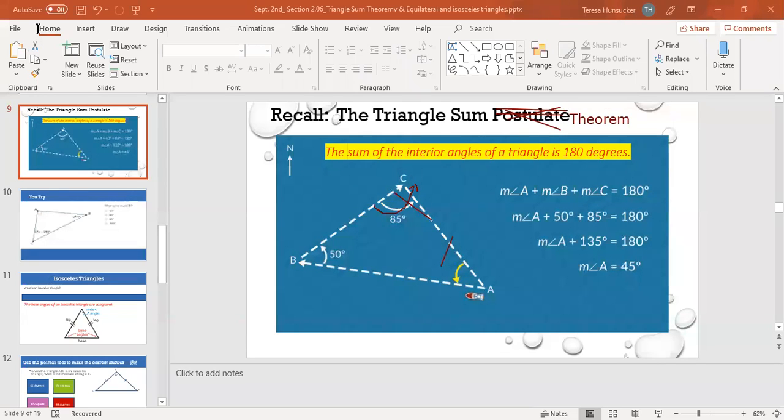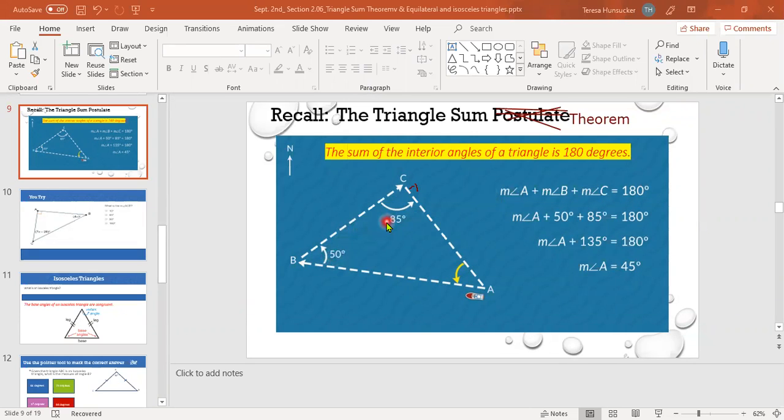All it says is what you already know. The sum of the interior angles of a triangle is 180 degrees. So take a look at angle A, B, and C. They're all inside the triangle. They can be added together, and the interior angles of a triangle add to 180.